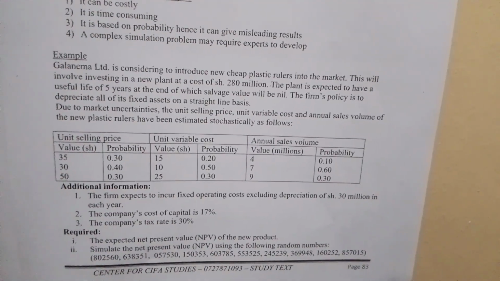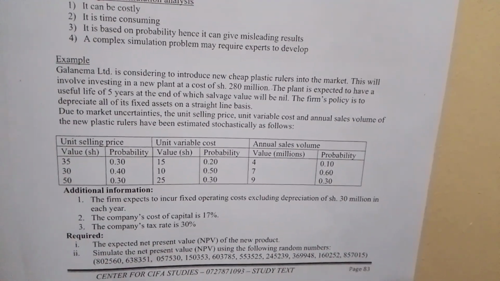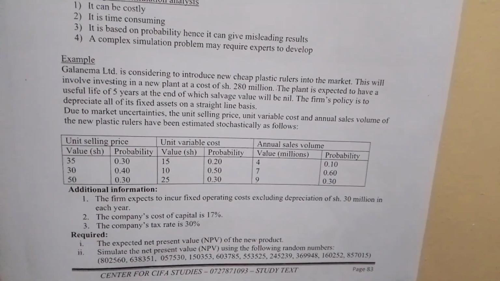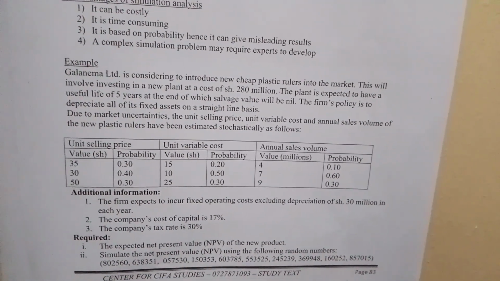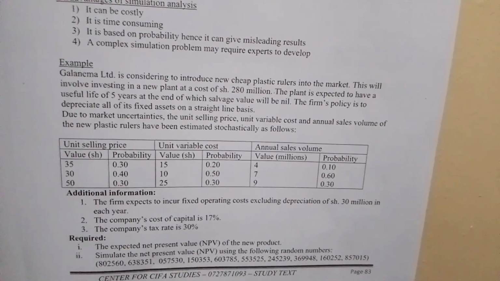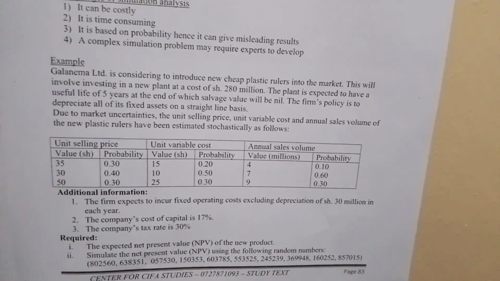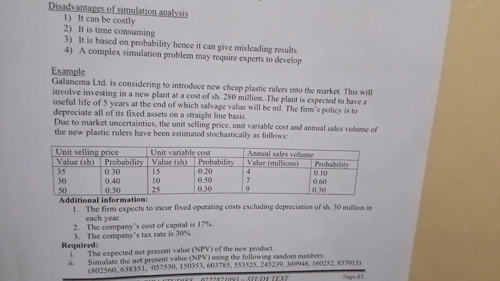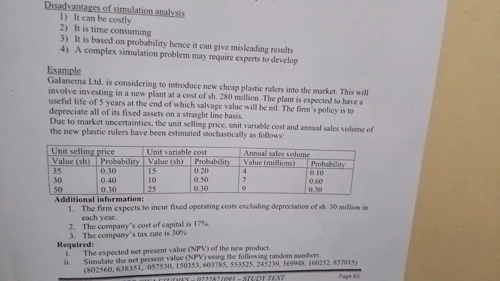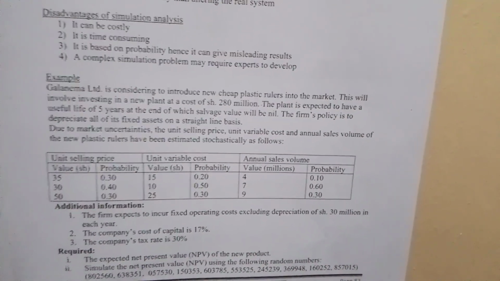The expected selling price will be 35 times 0.3 plus 30 times 0.4 plus 50 times 0.3. You get the expected selling price. Then calculate expected unit variable cost: 15 times 0.2 plus 10 times 0.5 plus 25 times 0.3.